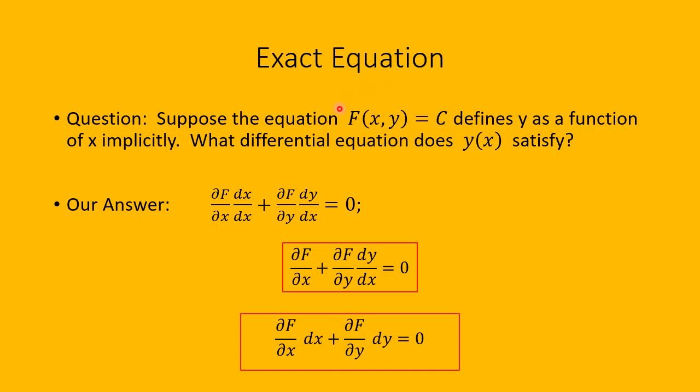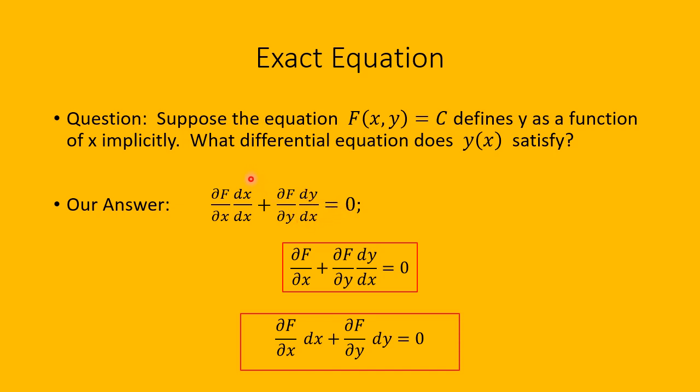Well, let's differentiate both sides of this equation with respect to x and see what happens. To differentiate this with respect to x, we have to use the chain rule, and that's going to be the partial derivative of f with respect to x times the derivative of x with respect to x, plus the partial derivative of f with respect to y times the derivative of y with respect to x equals 0.